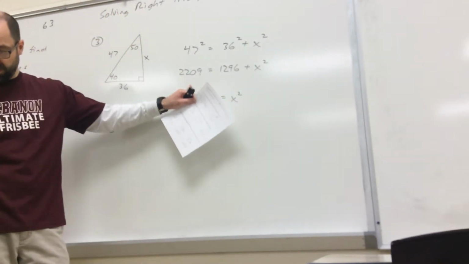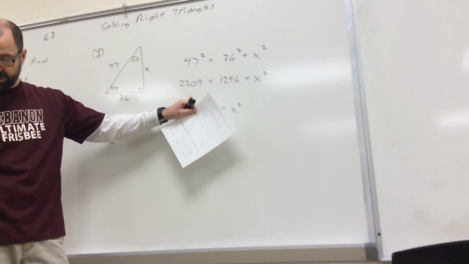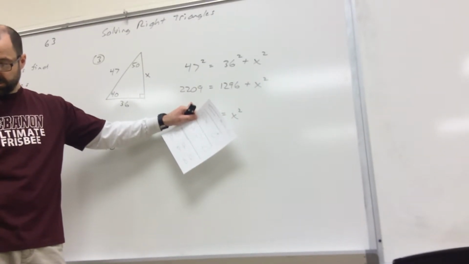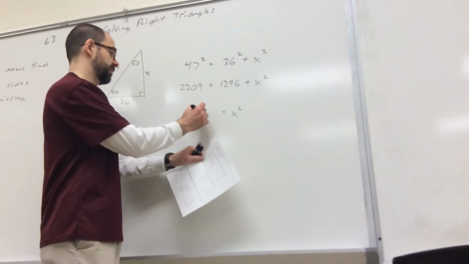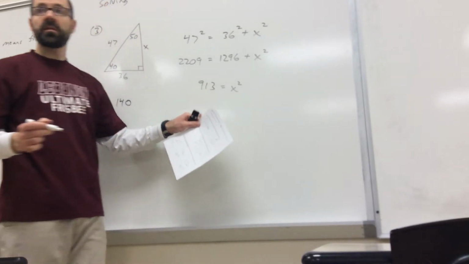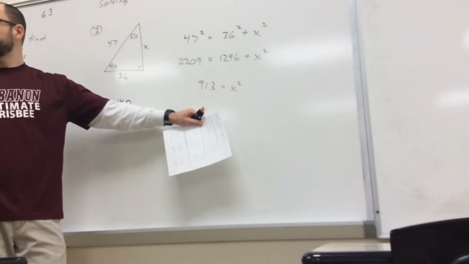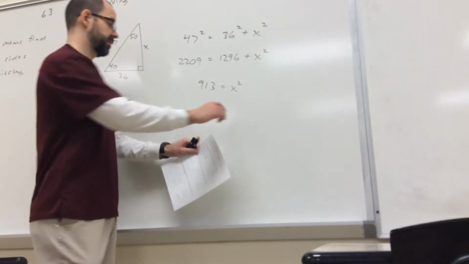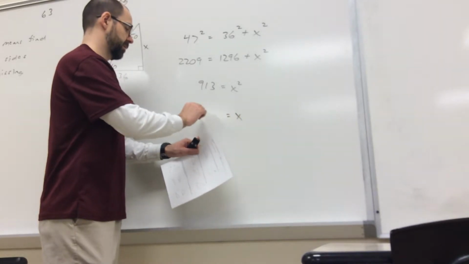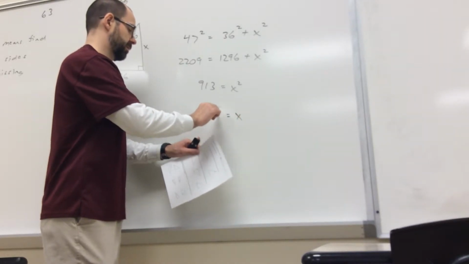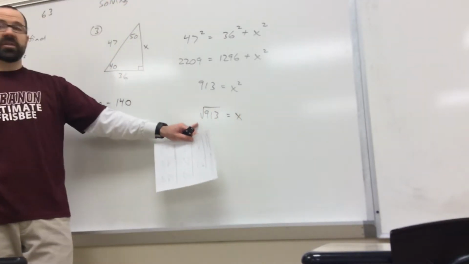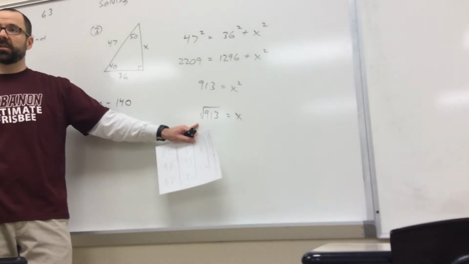And then 2209 minus 1296 is 913. And then you take the square root of both sides. So you get the square root of 913.